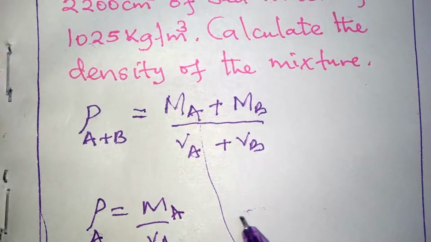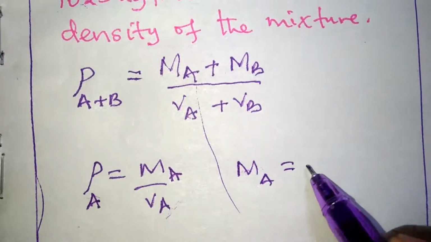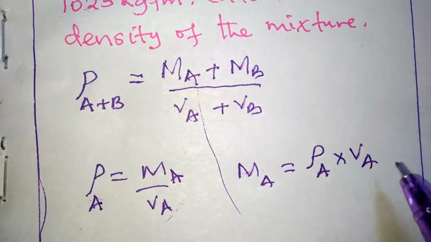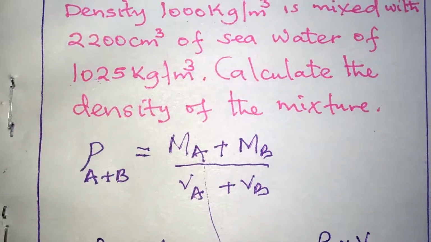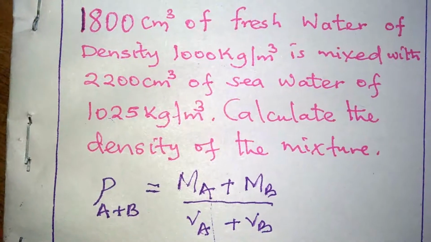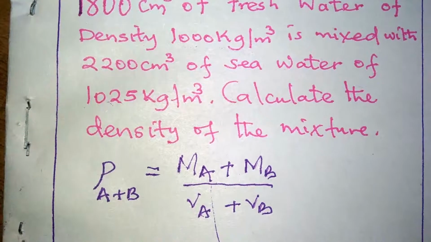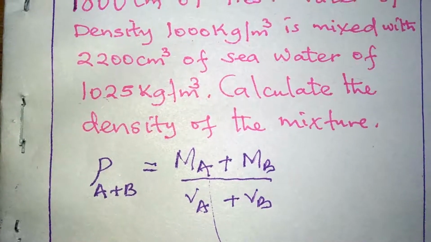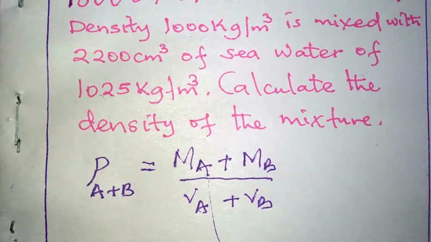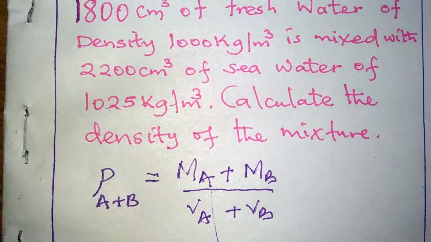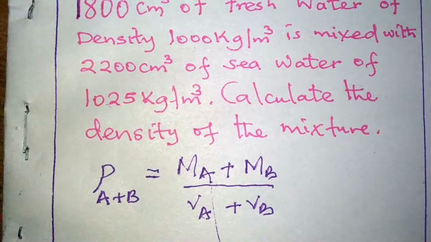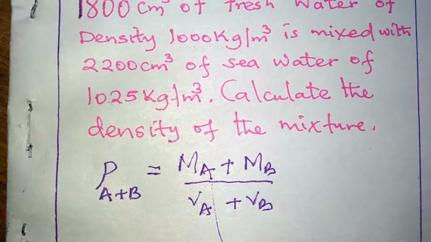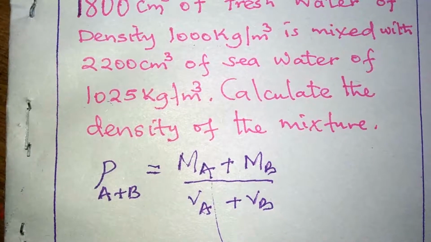And what that means is that mass of substance A is equal to density of A times volume of A. Now, in this case, let the fresh water be our substance A. So, mass of A will be therefore 1800 multiplied by the density, which is 1000 kilogram per meters cube, but we must convert it to grams so that we are consistent with our formula, and the result that we are going to get here will be in grams.